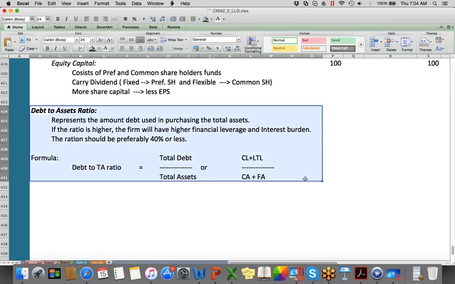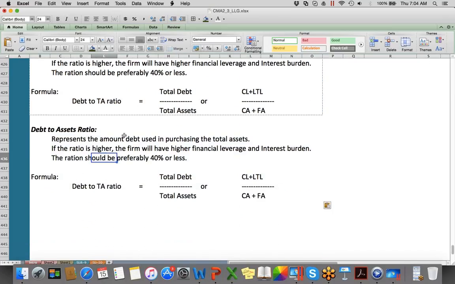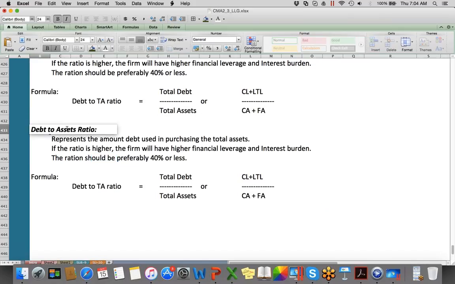We have one more ratio called the debt to equity ratio. The debt to equity ratio represents the relationship between debt and equity.